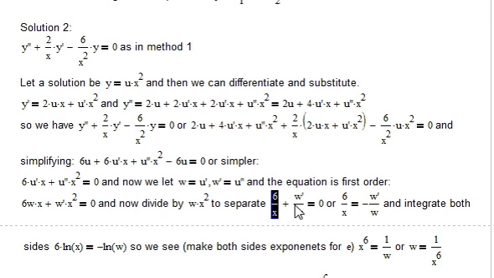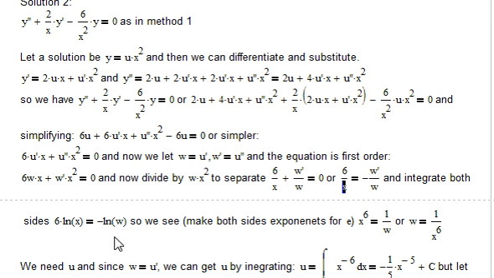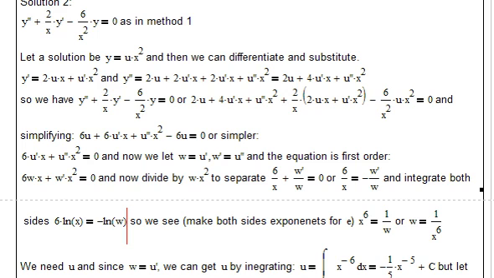6 over x plus w prime over w equals 0, or you could do it this way, 6 over x equals negative w prime over w. Integrating both sides, 6 times the ln of x equals ln of w. Actually, I should say plus c here. But the e to the constant you're going to get if you do that is just going to wind up being a constant, and remember that the constant does not affect the linear independence of the solution.